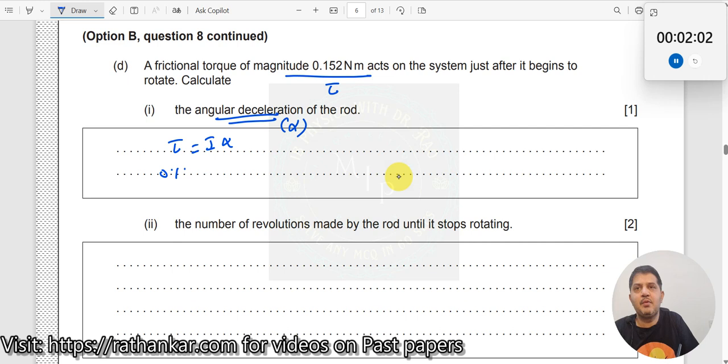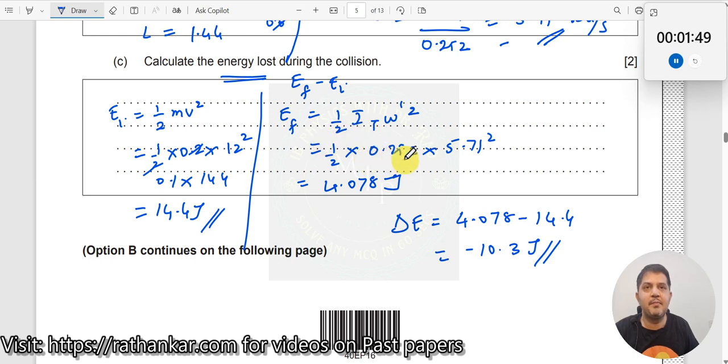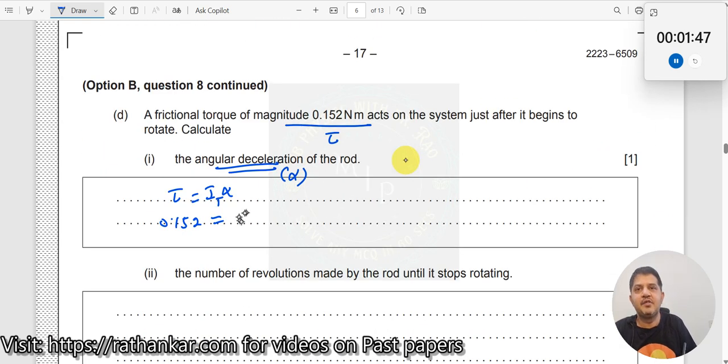What is tau? 0.152 is equal to, what is I here? I is nothing but the I total, the total moment of inertia of the rod plus the particle. What is that value? We already calculated this here, which is nothing but 0.252, right? 0.252 multiplied by alpha.